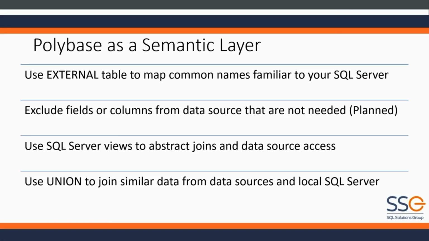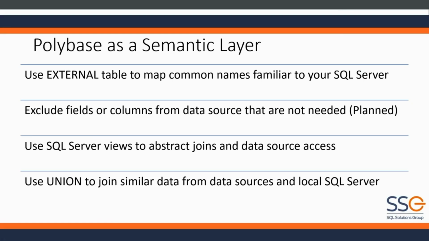The great thing about this is it can obfuscate some of the data that we don't want to bring back. So if a table has 10 columns but we only want to see 5, we can exclude the other 5 and create our external table on just the columns, or just the data, that we want to see.